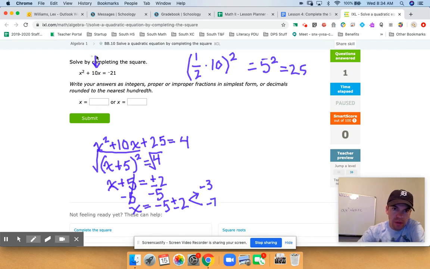Now going back to why this completing the square thing works, we can break this into algebra tiles. If I have x squared, remember that's one of the giant algebra tiles. The dimensions are x by x, because x times x, the area will be x squared.